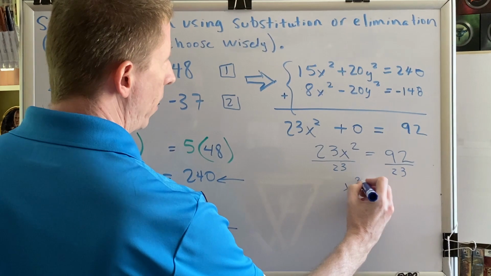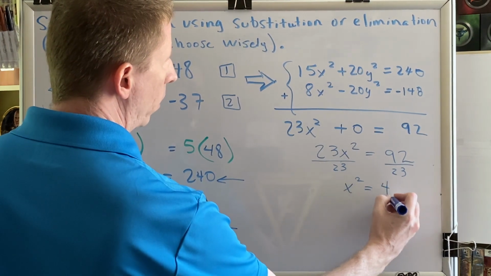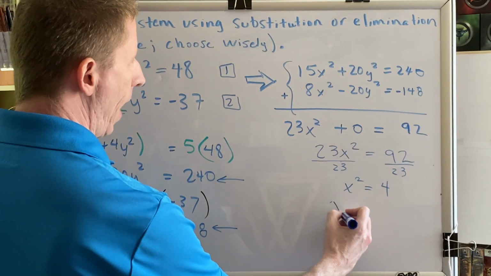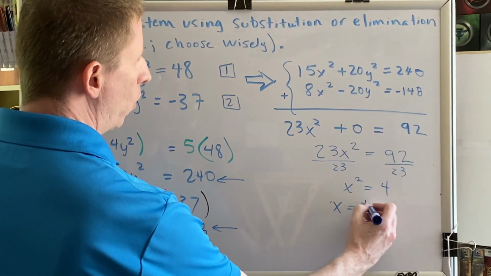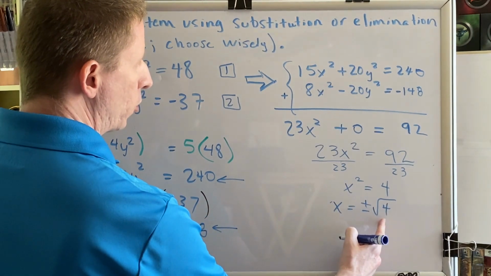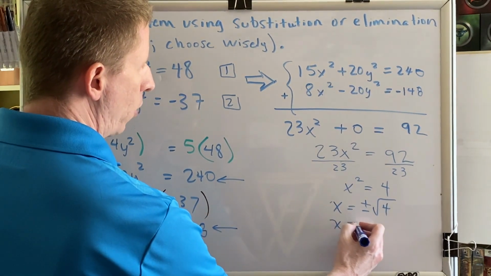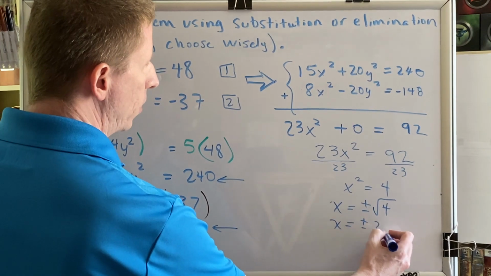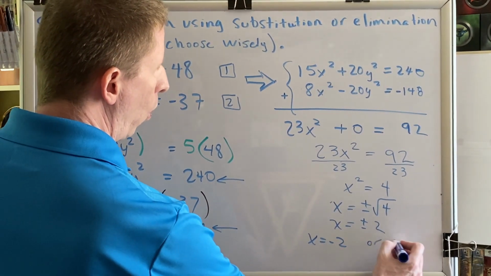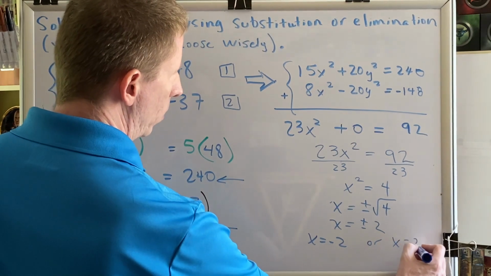We get x squared equals 4. Now apply the square root property. We get x is equal to plus or minus the square root of 4. The principal square root of 4 is 2, so x is equal to plus or minus 2. We get x equals negative 2 or x equals 2.